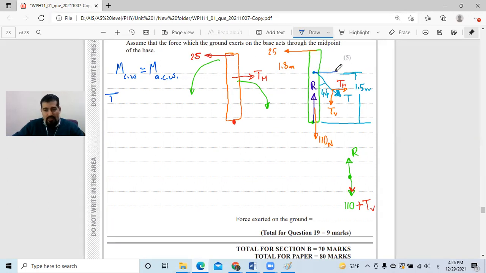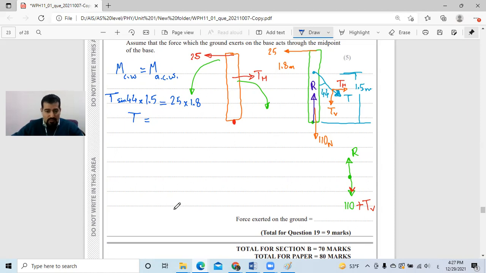What would I say, T sine or T cosine, because it's far from 44 degrees? Yes, Amir, thank you. It's T sine. Excellent. T sine 44 multiplied by the distance, which is 1.5, force times distance, equals the moment anti-clockwise, which is force 25 multiplied by the distance, which is 1.8. In this situation, how much is T? Give me the answer.